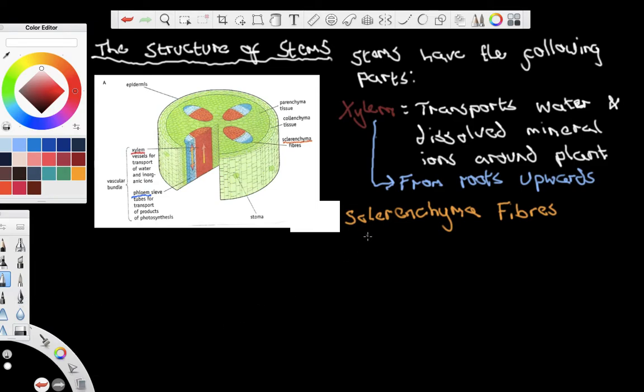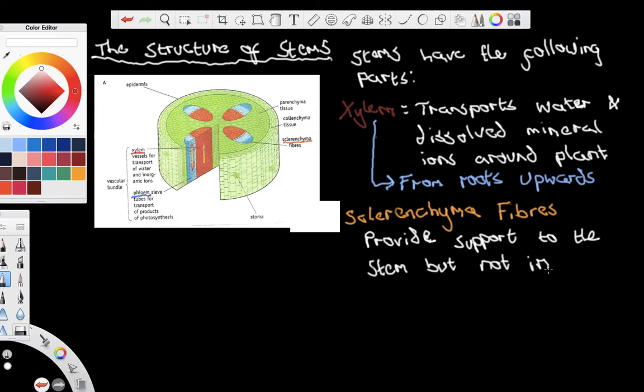So sclerenchyma fibres provide support to the stem but not involved in transport.